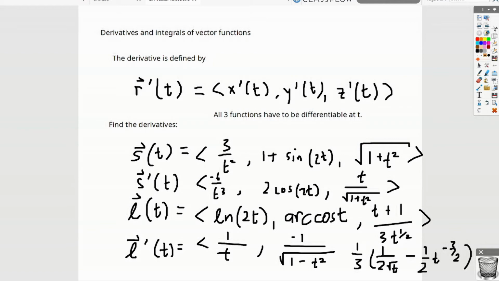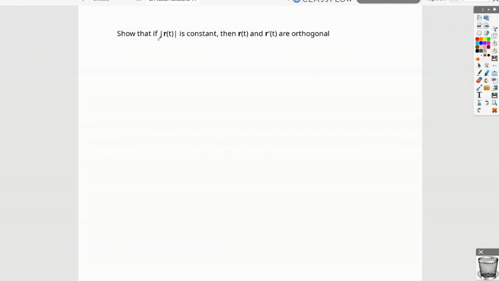Now I would like to show you something that might be a little bit useful later on, when we derive proofs of other things that we are going to use in this vector function unit. And it's that if the function r of t, remember the bold means vector function, has a magnitude that is constant, then r of t and r prime of t are orthogonal, right?